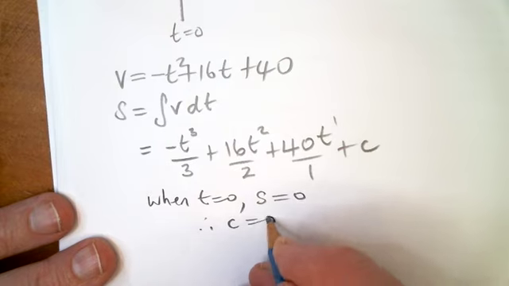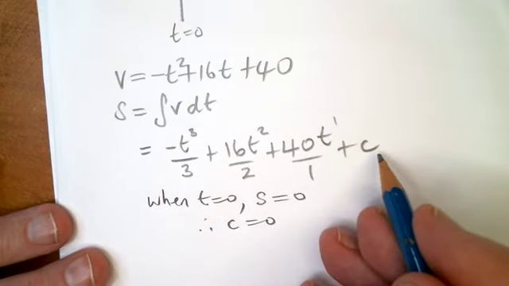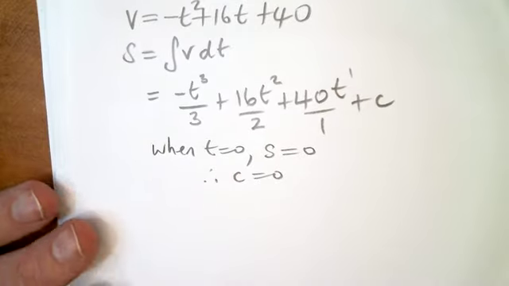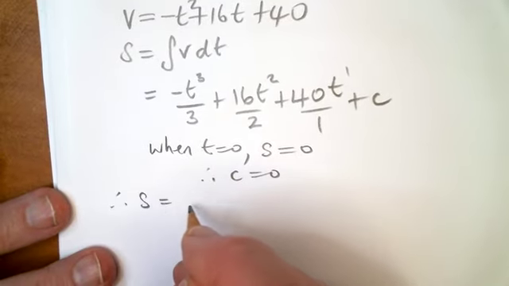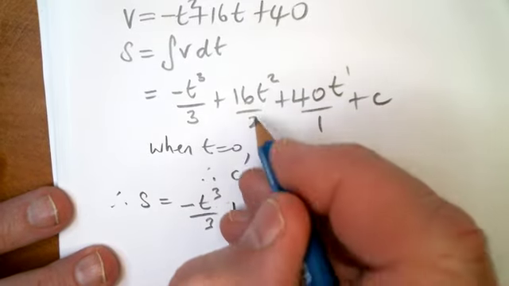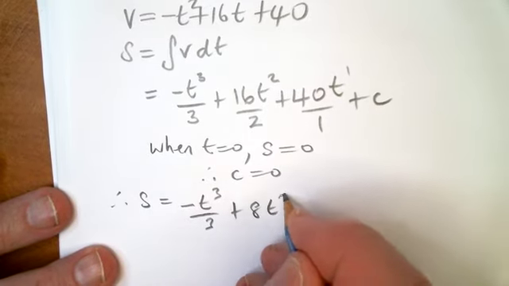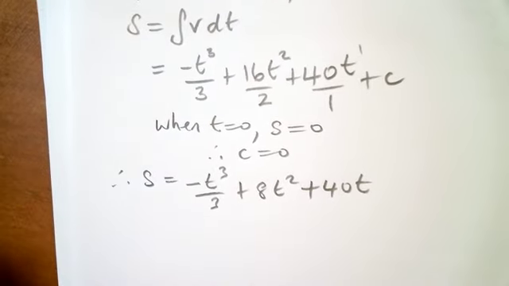Therefore, c is 0, because c would be any distance previously traveled. And as far as we're concerned, s is 0. So therefore, s is equal to negative t cubed on 3 plus, I'm going to tidy this up, 8t squared plus 40t. And that is the distance.